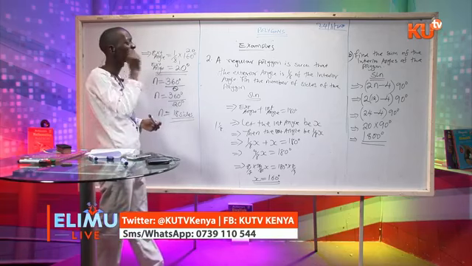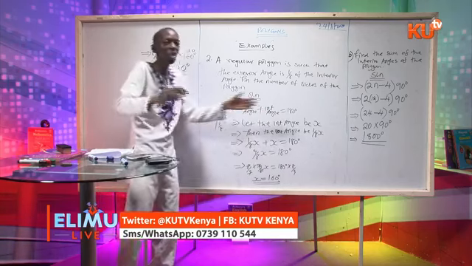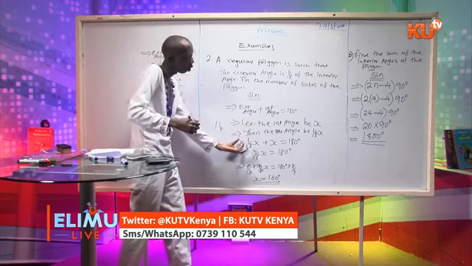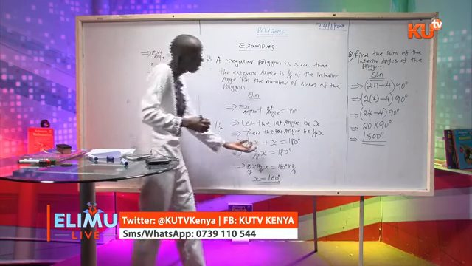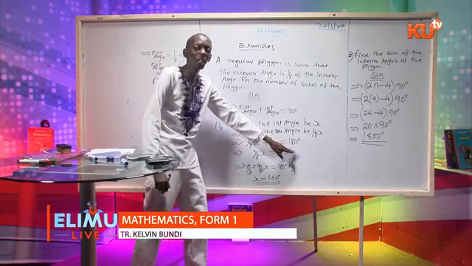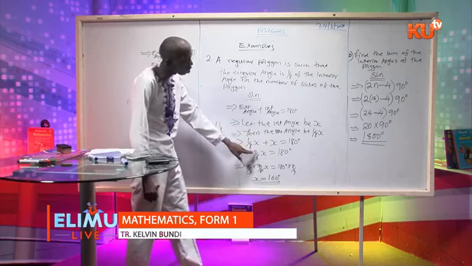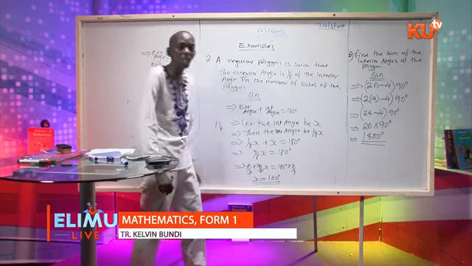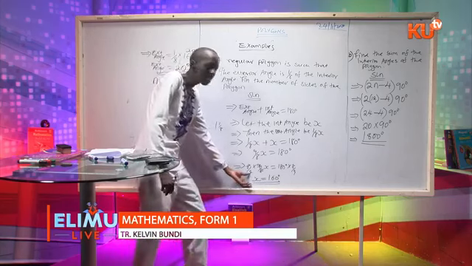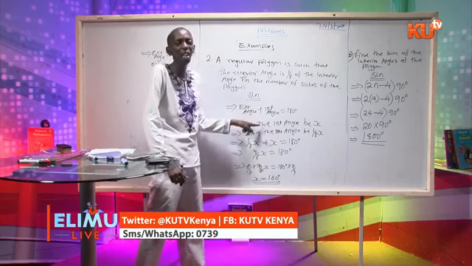A regular polygon is such that the exterior angle is 1/8 of the interior angle. Let the interior angle be x. Therefore, the exterior angle will be 1/8 of x. And we know that the interior angle, which is x, plus the exterior angle, which is 1/8x, is equal to 180 degrees. Then when you add 1/8x plus x, you'll get 9/8x is equal to 180 degrees. You multiply both sides by 8/9, you get x as 160 degrees. 160 degrees is the interior angle.